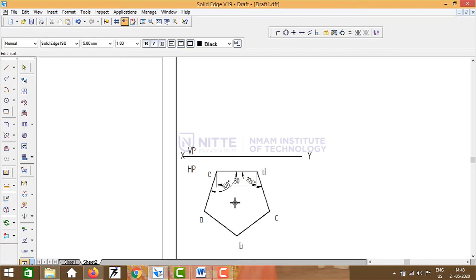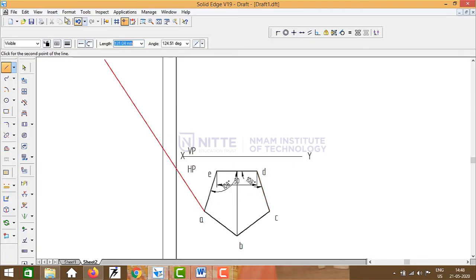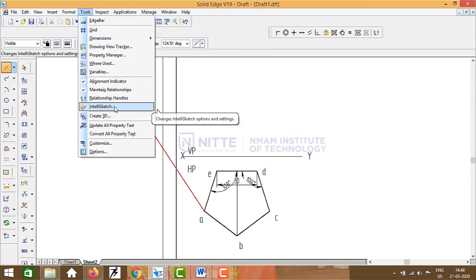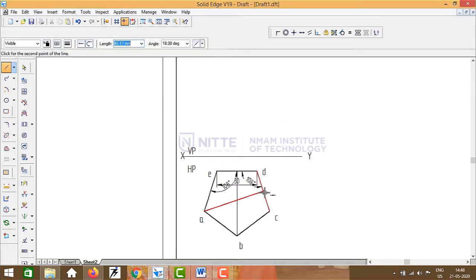We need the apex point. For getting the apex, draw at least 2 medians. Construction line I will draw first. Minimum 2 medians we need to draw. The opposite edge midpoint. Midpoint is not activated. Go to tools, IntelliSketch, activate midpoint. Yeah, I'm getting this apex point, the midpoint.